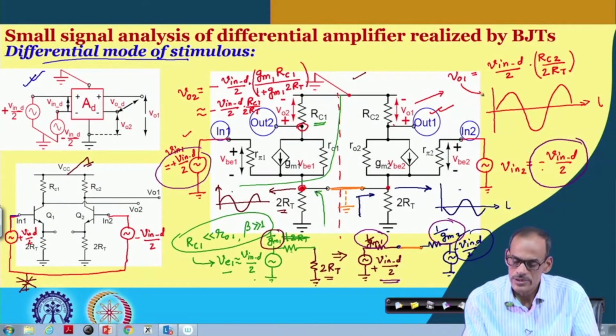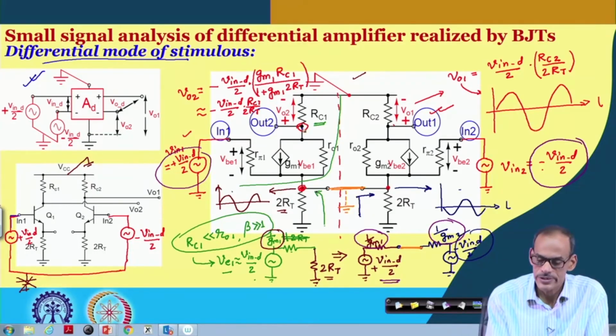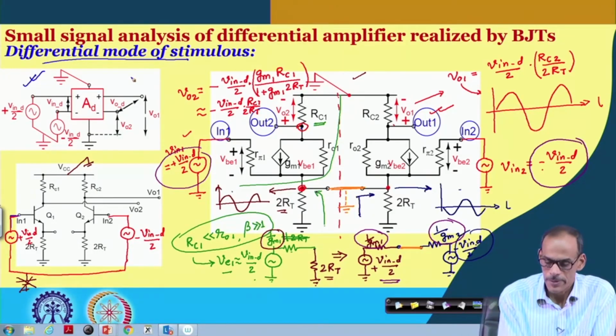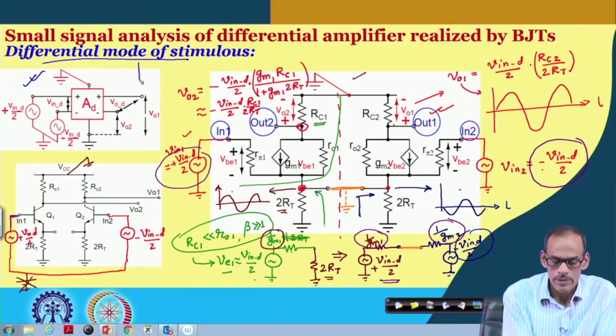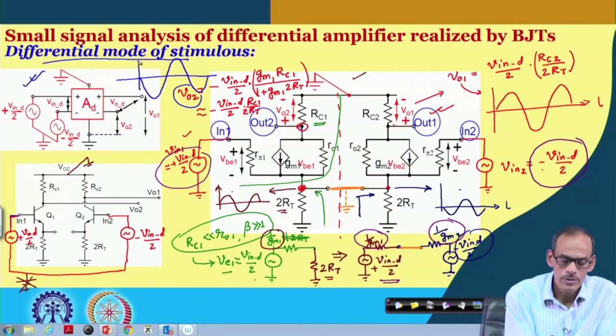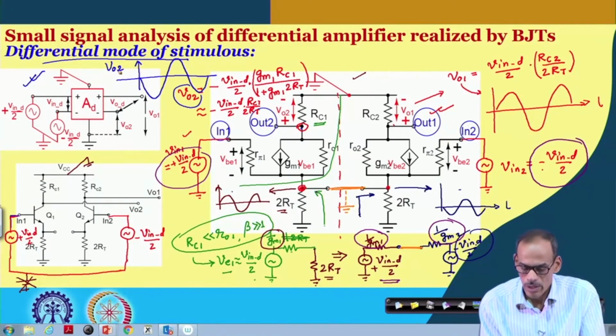So we can say this is Vout1. On the other hand, the signal at this point is similar but has opposite phase. So this is VO2. This was the case before we made this connection.